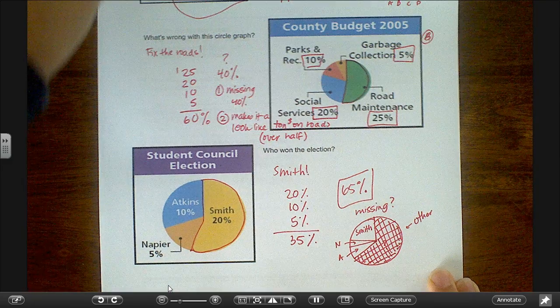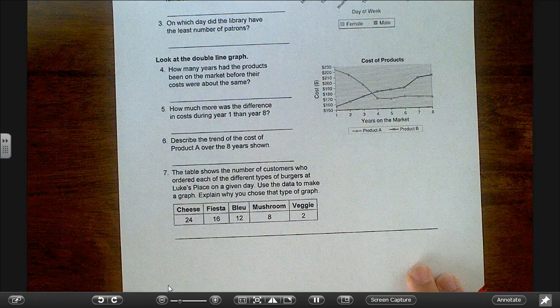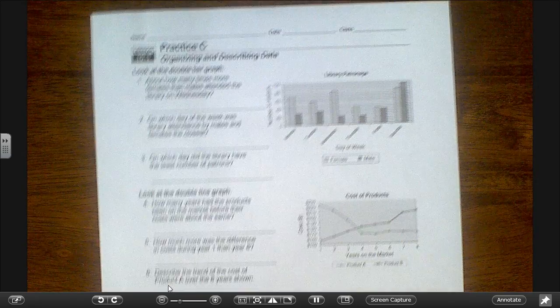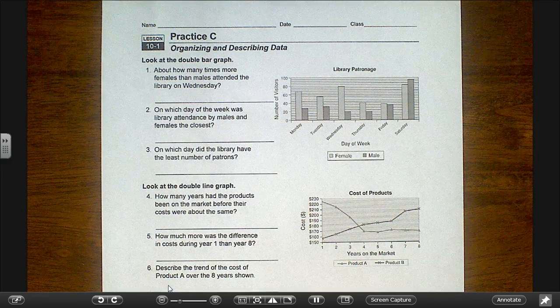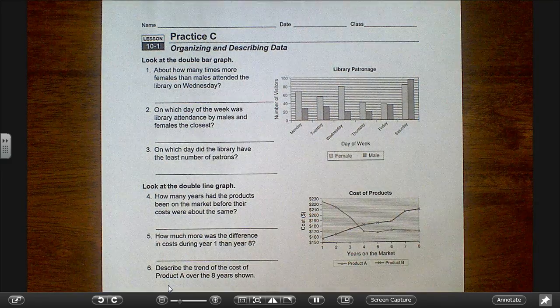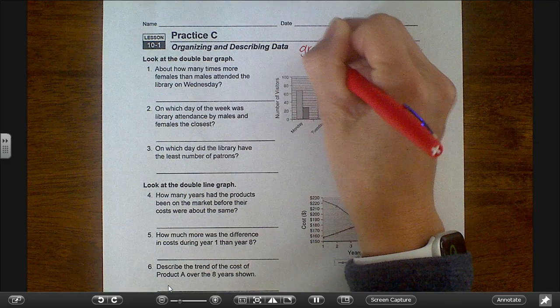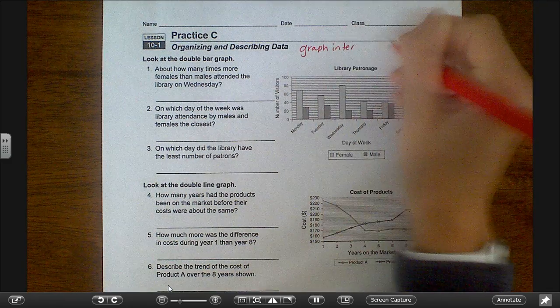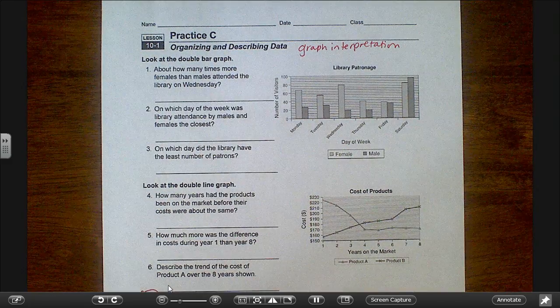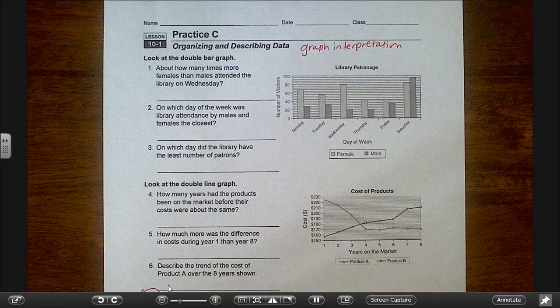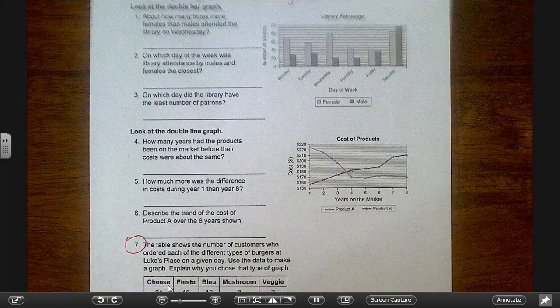Okay, so those are your notes for today. And your optional assignment is this 10-1 practice C. And all you're doing, again, is just graph interpretation. And then this last one, number 7, you have to create a graph, and sorry, you couldn't see that.